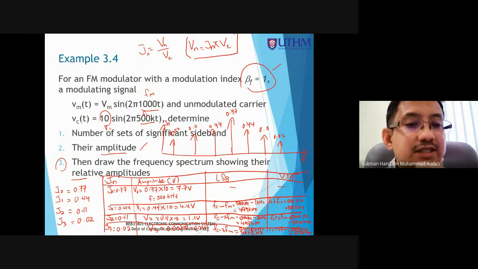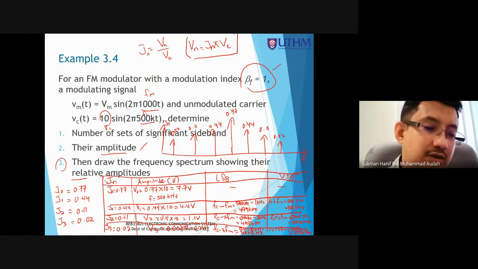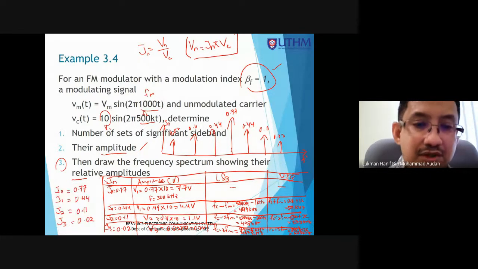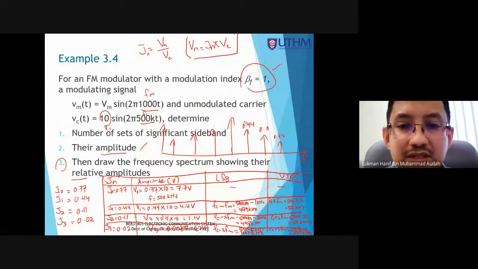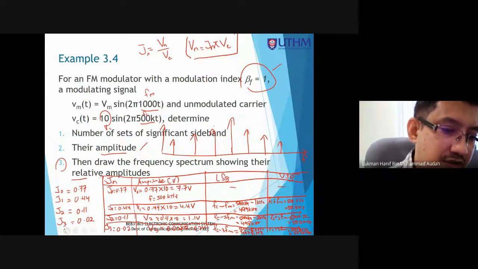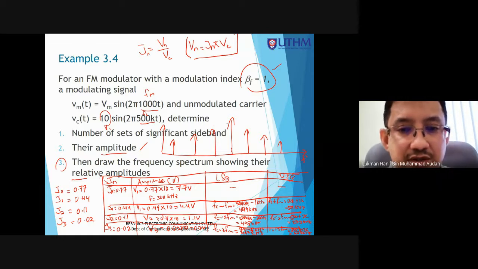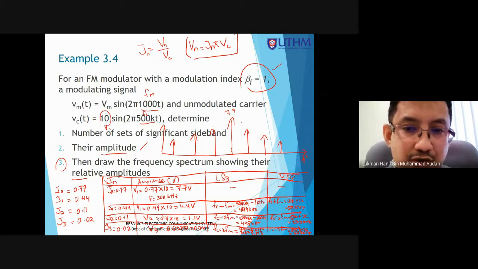However, if the question asks, draw the amplitude spectrum, maknanya apa? Kalau amplitude spectrum, that means we need to label the real amplitudes. Okay, what is the real amplitude? The real amplitude we already found here, which is 7.7 at the carrier component. This is 4.4. This is 1.1.